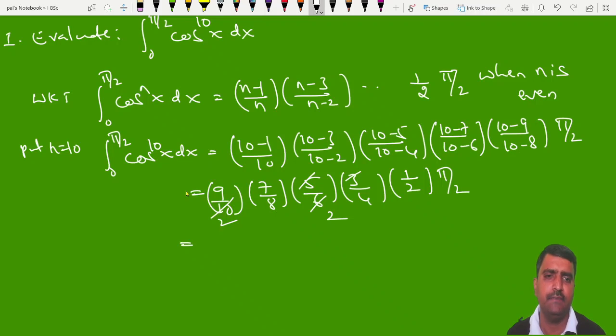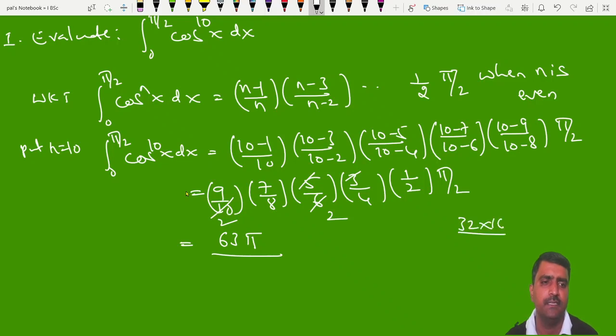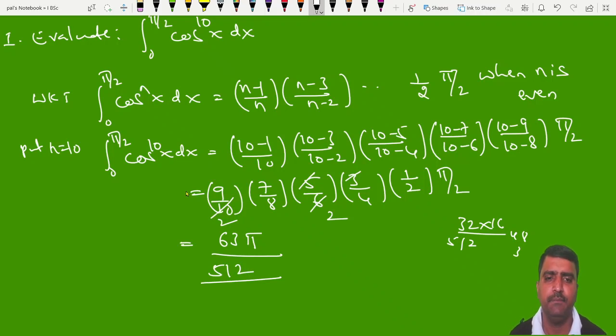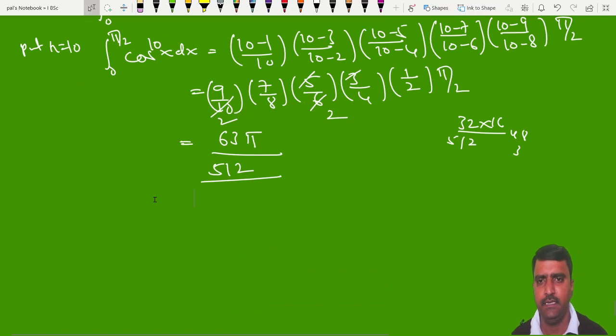So that's all, which is equal to 9 sevens are 63, 63 pi divided by 2 into 8 into 2 into 4 into 2 into 2, which is 512. 63 pi by 512.